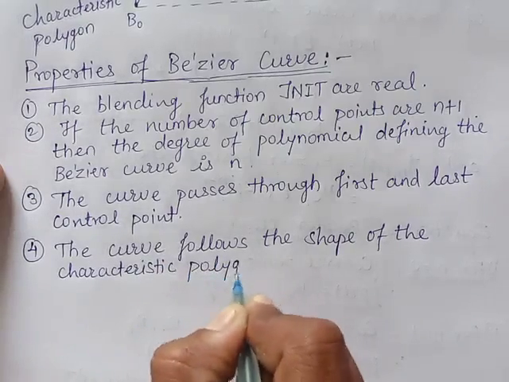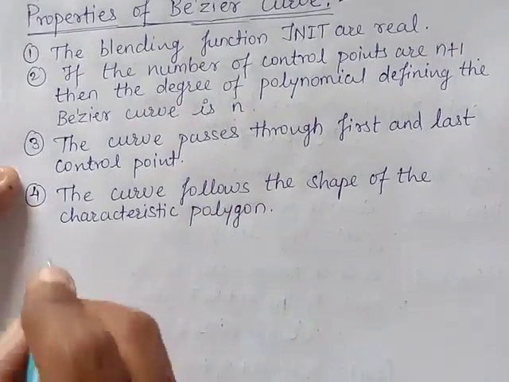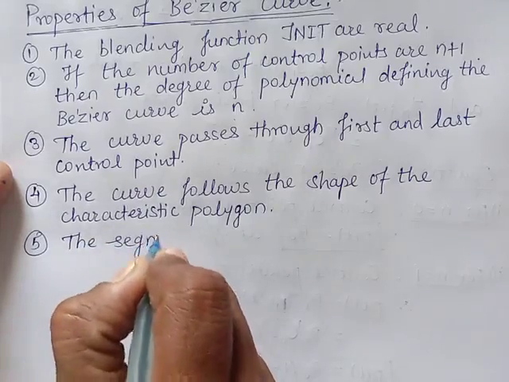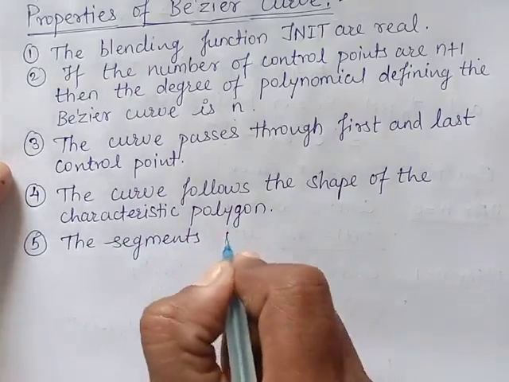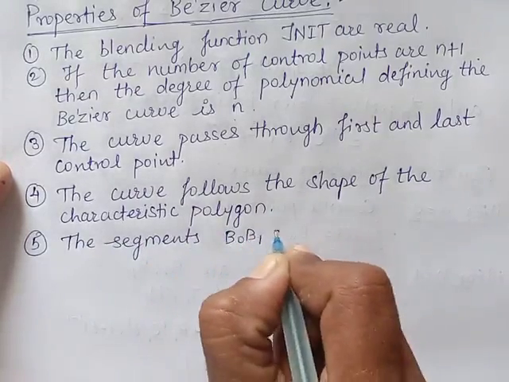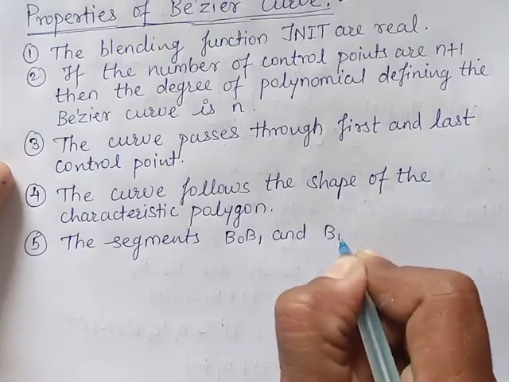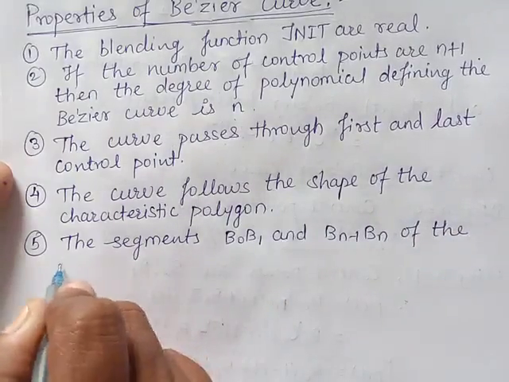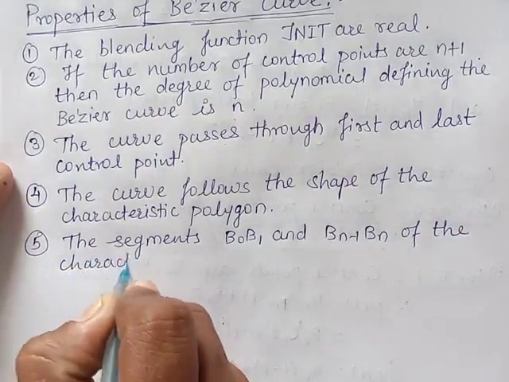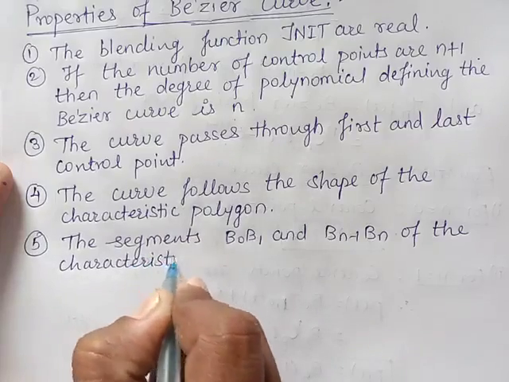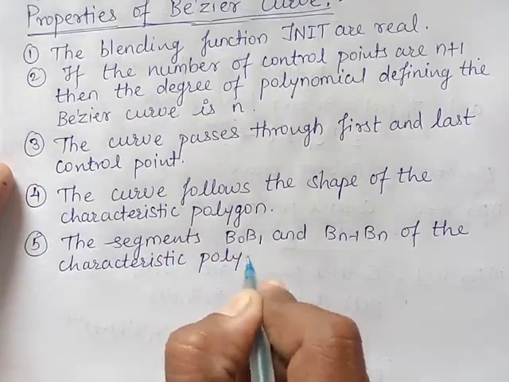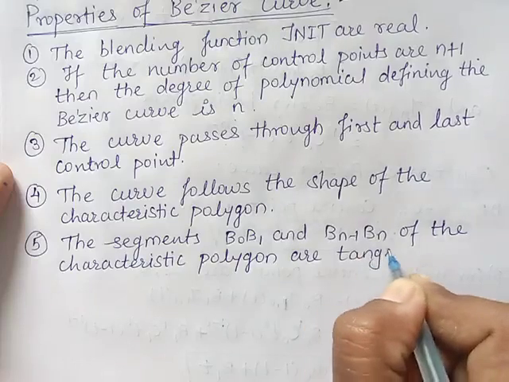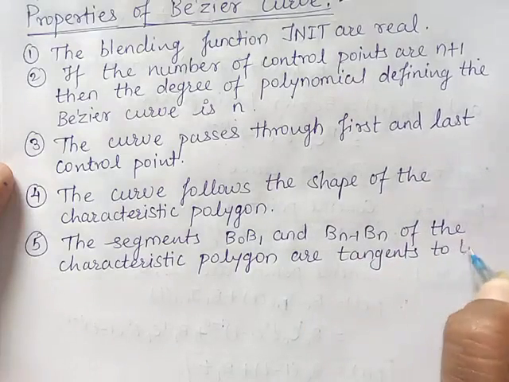Curve follows the shape of characteristic polygon. Then next, the segments B0, B1 and Bn minus 1, Bn of the characteristic polygon are tangents to the curve.